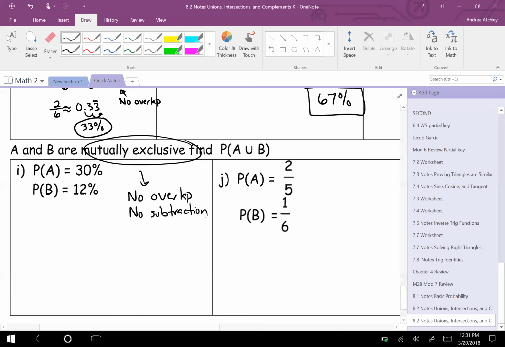And since I don't have any overlap when they're mutually exclusive, I don't have to subtract. So we're finding the probability of A or B. Remember, it's an or problem, so you add. So I just take the probability of A plus the probability of B.